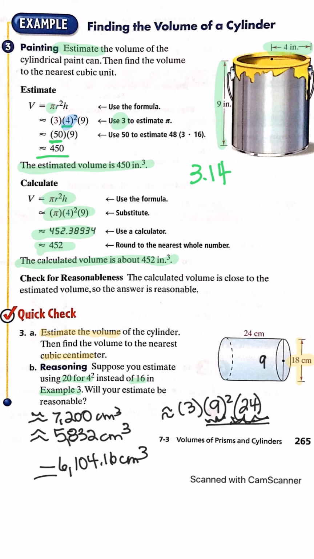Then we would have 3 times 20 times 9, and if we multiply that out, it's going to equal 540. And our estimate before was 450, and the calculation was 452. So will that make it reasonable? It'll be a little too large.